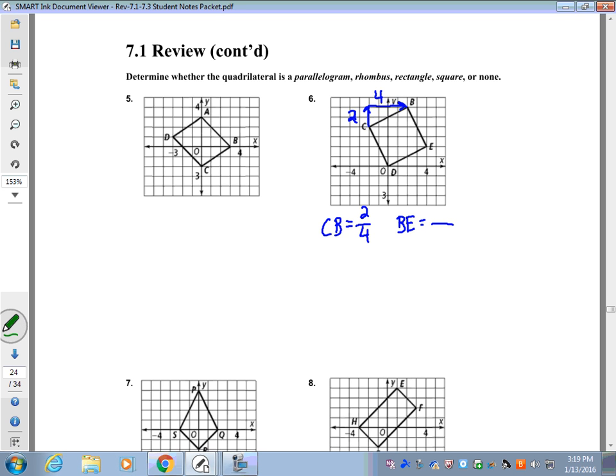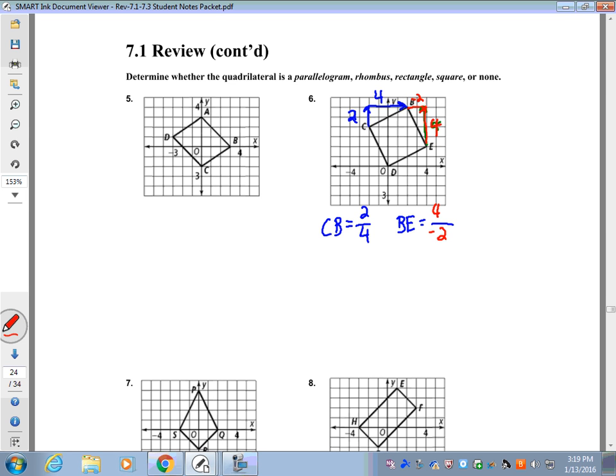So I'm just going to show you something. This is up 4 and then to the left 2, so that's a negative 2. But now I can see something here. What do we notice about that? Yeah, it's just a flip. 4, negative 2. Do y'all see how this got flipped? And what else happened?